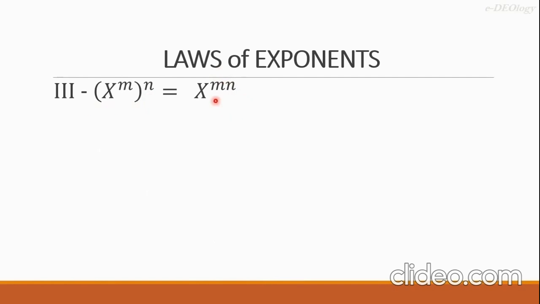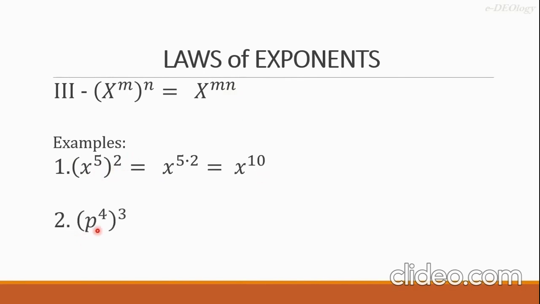So we can say that we are multiplying the powers here. So let's have an example. The x raised to 5 is again raised to power 2 outside. So we're going to multiply the exponent 5 and the 2. The final answer is x raised to 10.